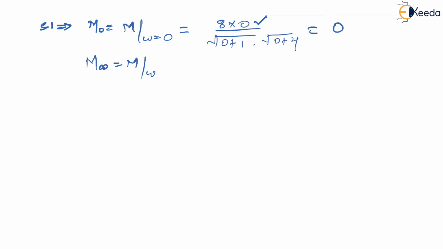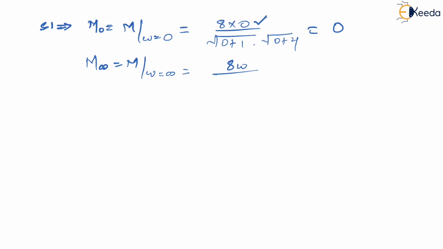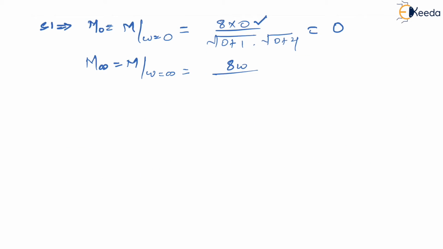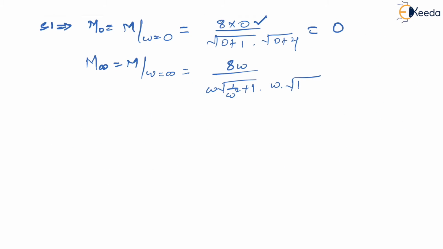M infinity is nothing but the magnitude at omega equal to infinity. How much is that magnitude? Here you have omega in the numerator, so it will be an infinity upon infinity form. To avoid that, we take omega out: 8 omega stays as it is, and from the denominator, taking omega out, we get omega into under root of 1 by omega squared plus 1, into omega into under root of 1 plus 4 by omega squared.